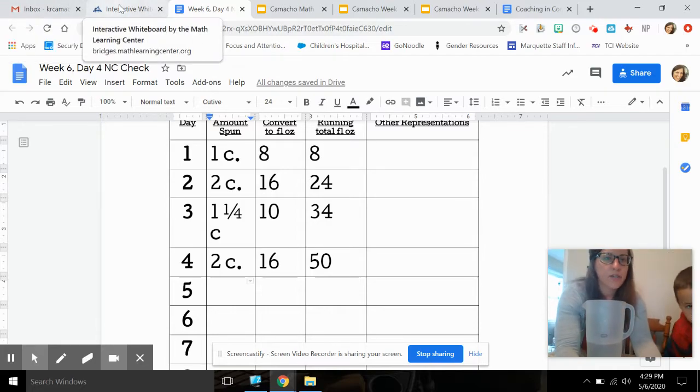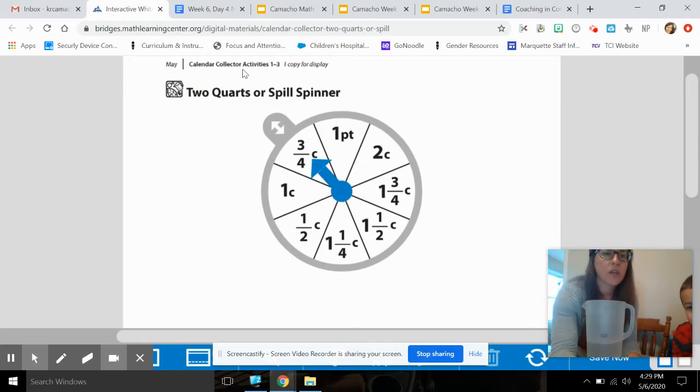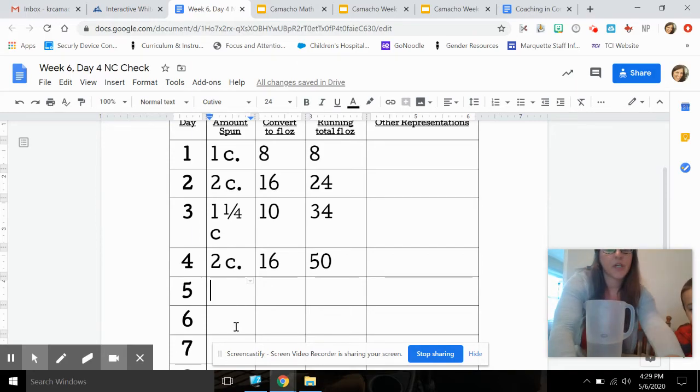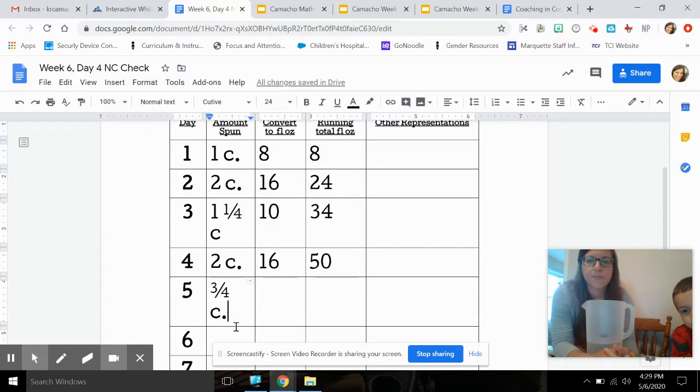All right, let's do number 5. Go ahead and spin. We got 3/4 of a cup. It's a good one. All right, 3/4 cup. Okay, so if you remember on day 3, we got 1 1/4, and we figured out that a 1/4 or a quarter of 8 is 2.